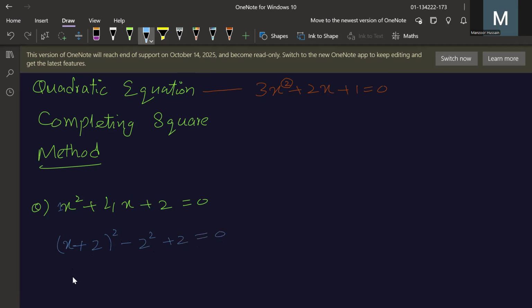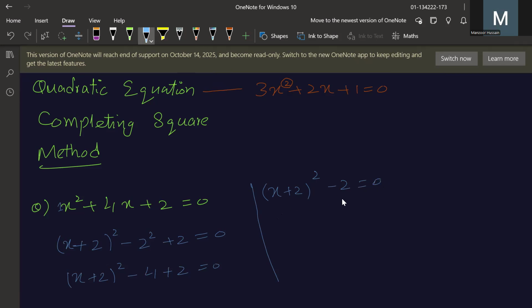So (x plus 2) to the power 2 minus 4 plus 2 is equal to 0. So (x plus 2) to the power 2 minus 2 is equal to 0.